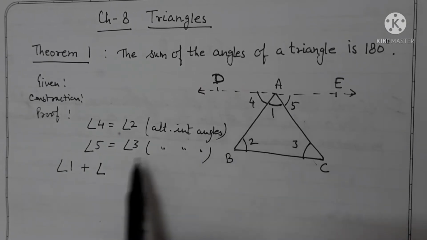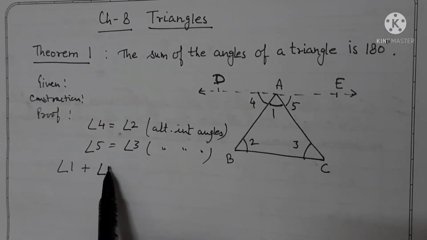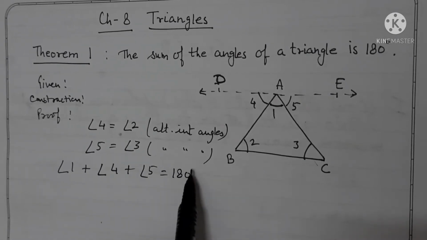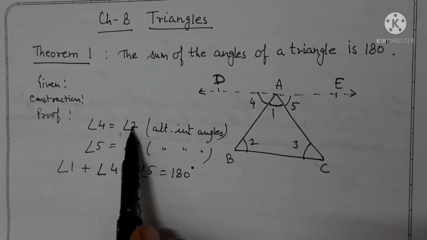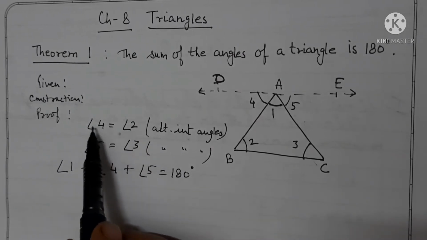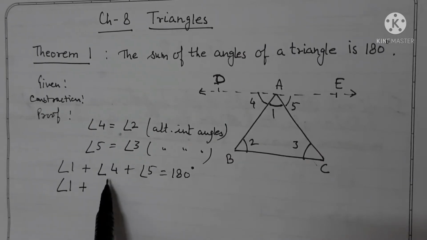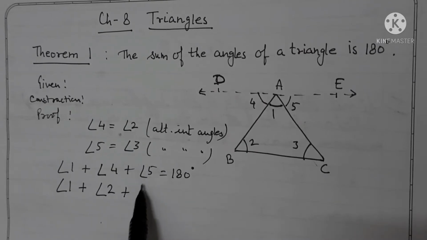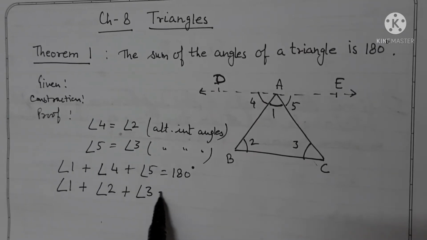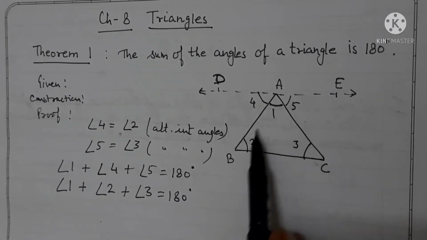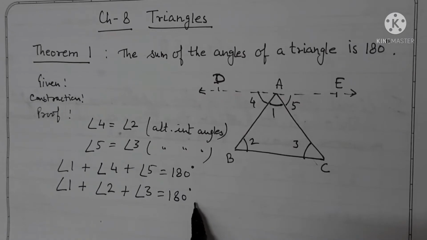So angle 4 plus angle 1 plus angle 5 is equal to 180 degrees. Now from these two, angle 2 is equal to angle 4, substitute this value. So angle 1 plus angle 2 plus angle 3 is equal to 180 degrees. Now the sum of these three interior angles in a triangle will be 180 degrees, hence proved.